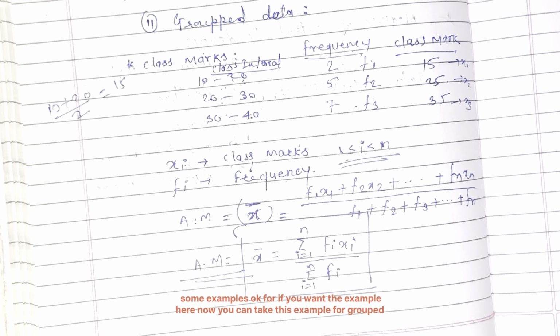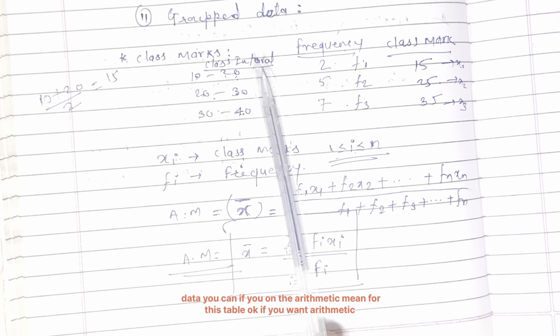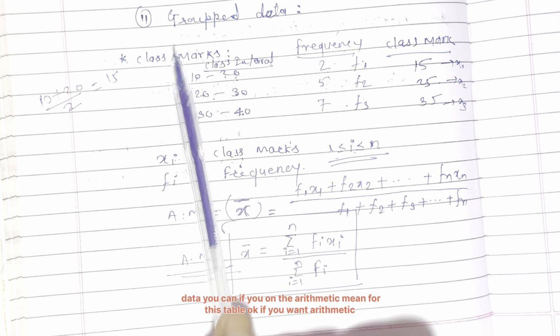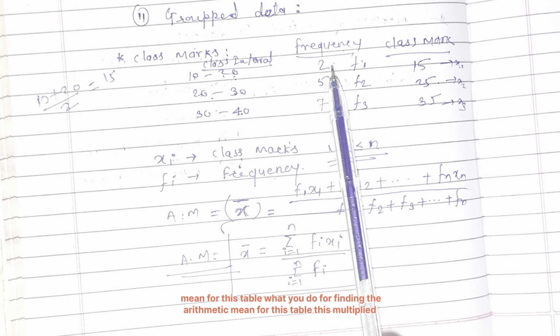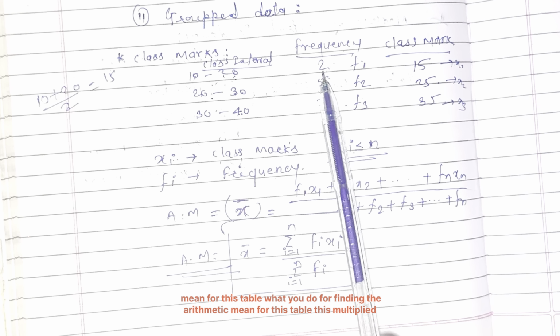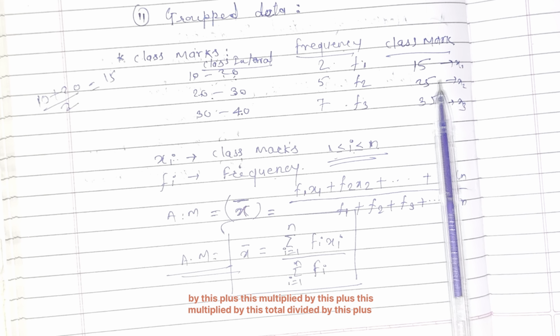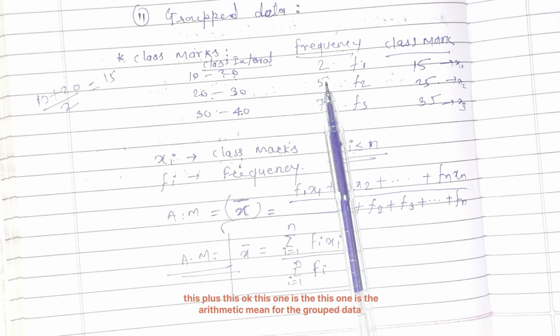If you want an example now, you can take this table of grouped data. To find the arithmetic mean for this table, you multiply this by this plus this by this plus this by this, total divided by this plus this plus this.